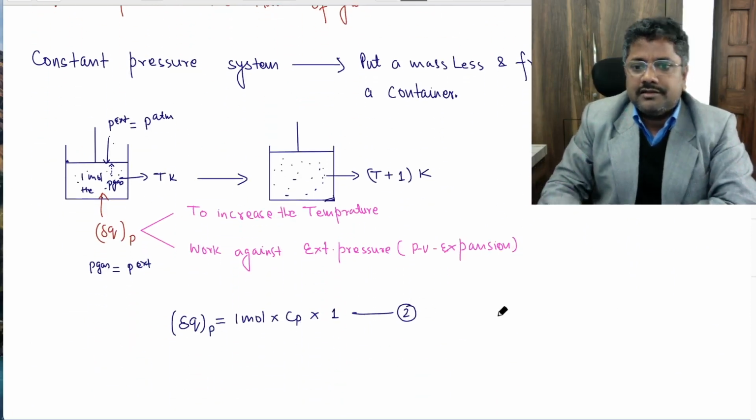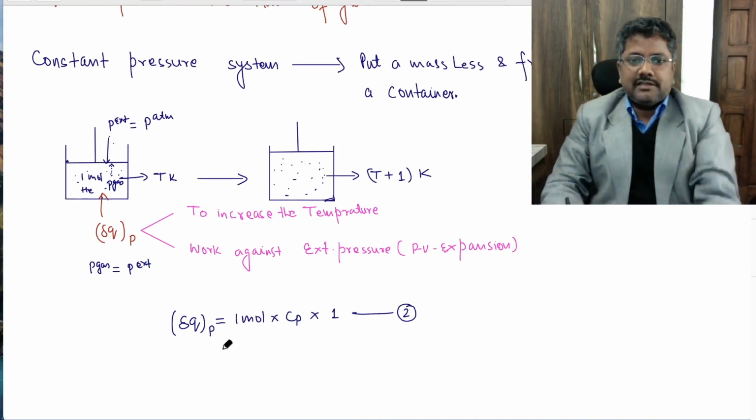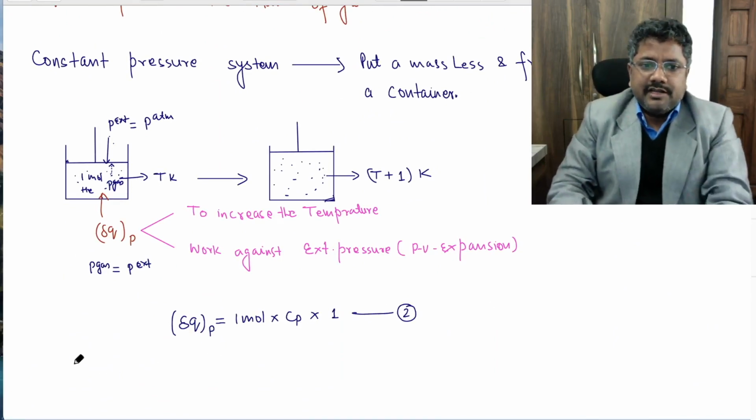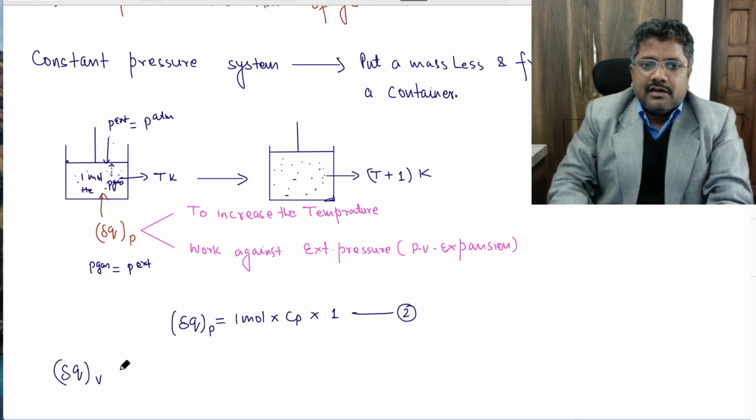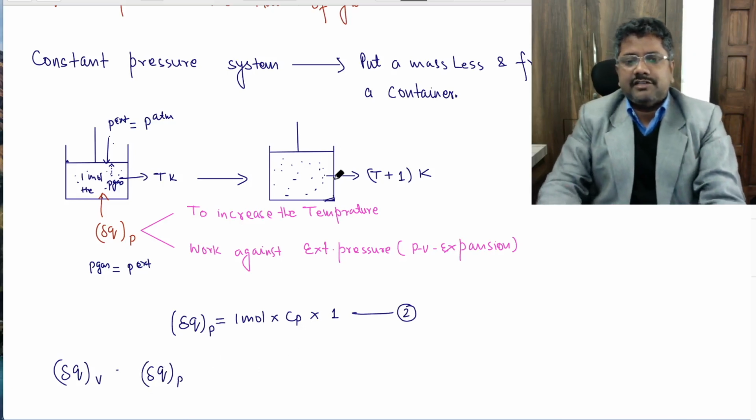Now let me know what is the relation between this delta Q, the heat supplied to the system at constant volume, and the heat supplied at constant pressure.